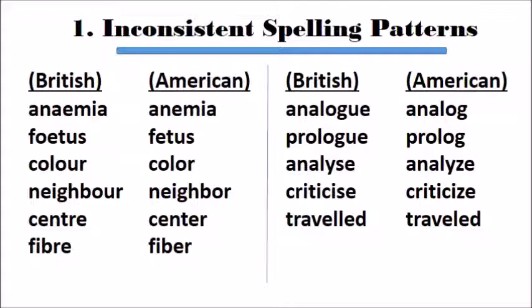Spelling occurrences, particularly the ones that go with OUR in British systems, always end up being taken as OR in American systems. Of course, words that end with RE in British language turn out to end with ER in the American system.